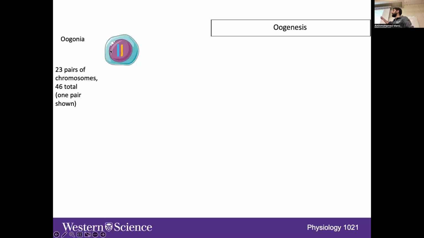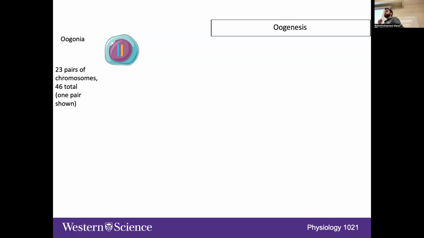Of course, if we want this woman to give birth to a child, you want her chromosomes to be split off and just have 23 from her ovum and 23 from the sperm cells to come together, right? So you have to separate out those genes again, just like with spermatogenesis. But again, keep in mind, oogonia have 23 pairs of chromosomes, just like every other cell of our body.